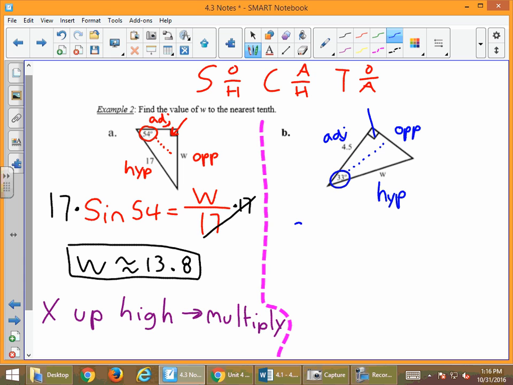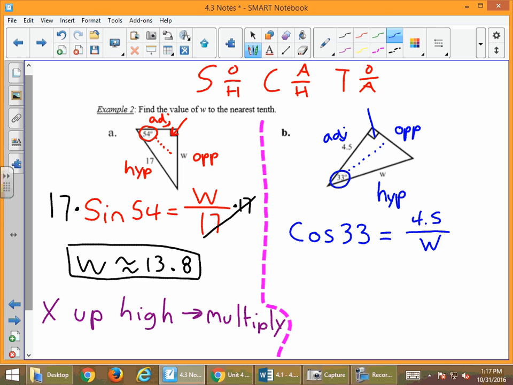So I'm going to say cosine of my angle, 33, is equal to that ratio, adjacent over hypotenuse. Adjacent is 4.5. And my hypotenuse in this case is W. Notice the location of the W. Down low. You're right that it's dividing, but I can't divide a number by a W. Technically, what you do is exactly the same thing you did over here.